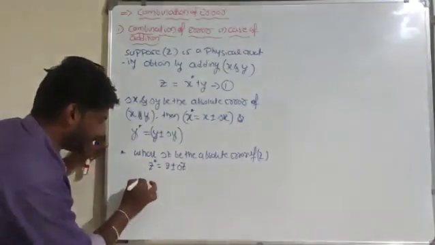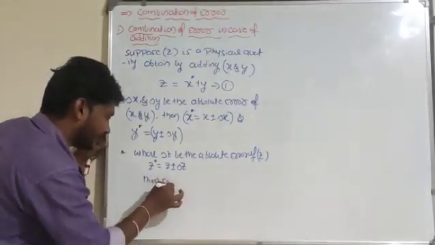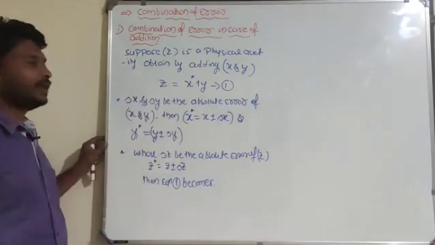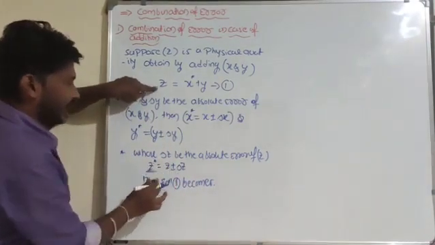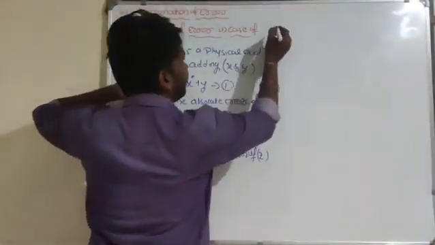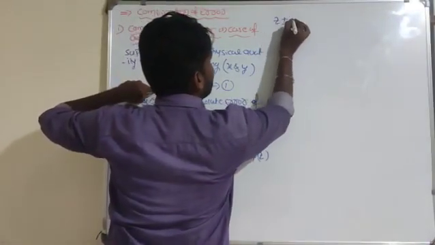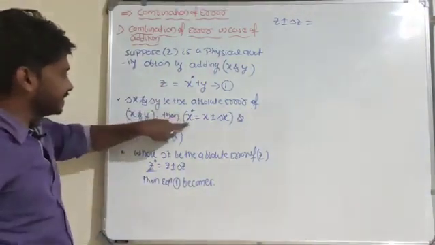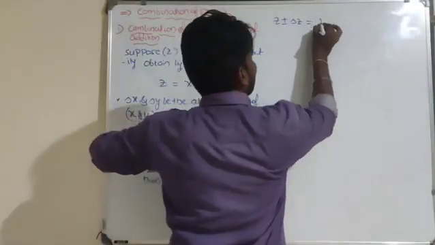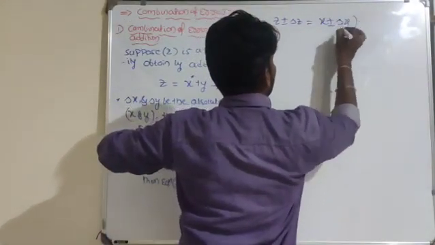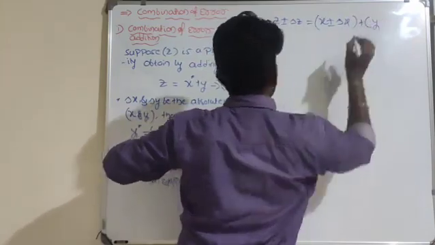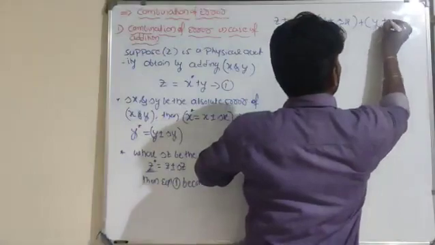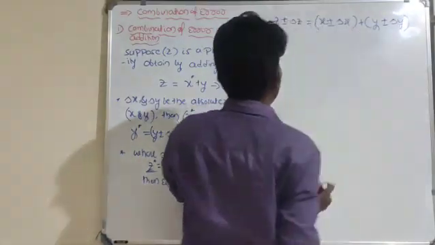Then equation 1 becomes: wherever Z is there, I write Z plus or minus delta Z, which is equal to, wherever X is there, X plus or minus delta X, plus, wherever Y is there, Y plus or minus delta Y.